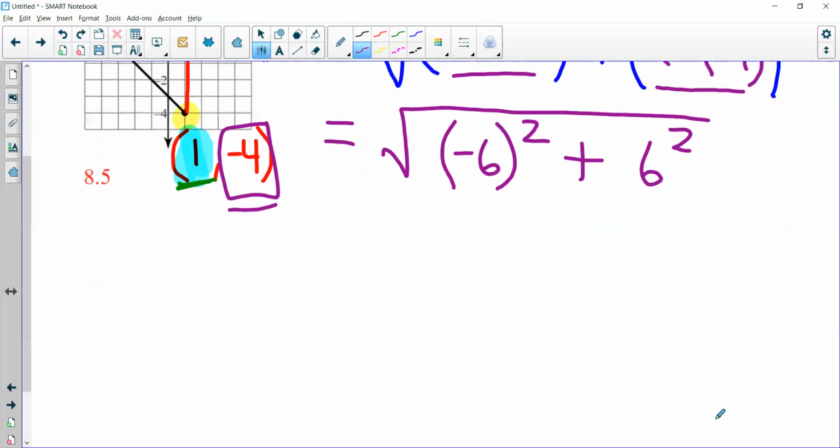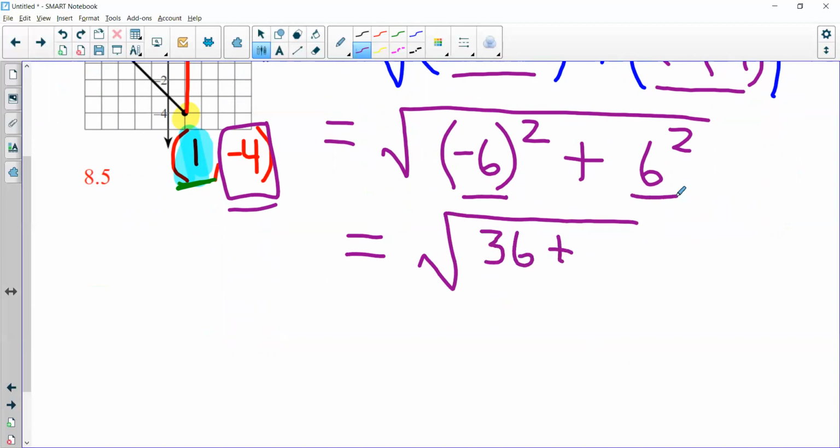This gives me the square root of -6 squared is 36, plus 6 squared, which is also 36. So this is the square root of 36 plus 36, which is 72.